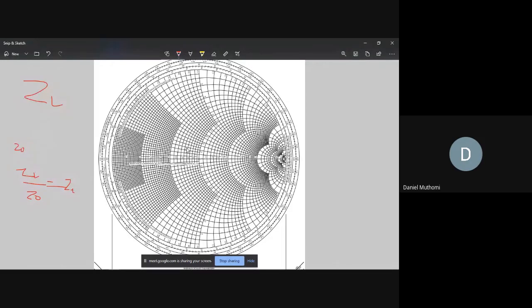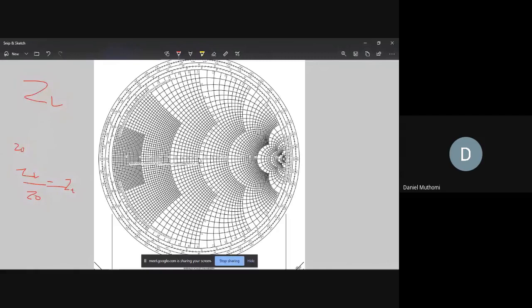Normalized means that the middle point here is at 1.0, where a non-normalized one will have maybe 50 ohm or 100 there. But the lecturer said he'll always use a normalized one.